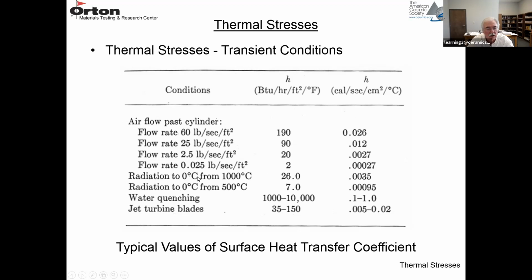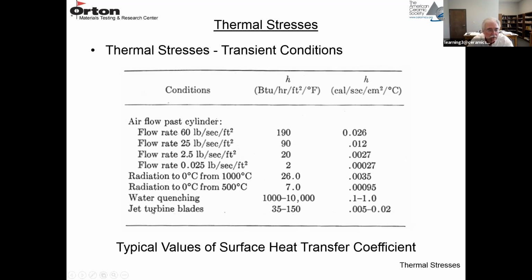Radiation from a ceramic type material that's at 1,000 degrees C is 26. Radiation from a temperature of 500 degrees C is about 7. If you subject refractory or ceramic material to water quenching, a very rapid quench, the heat transfer coefficient is very high, maybe between 1,000 and 10,000.